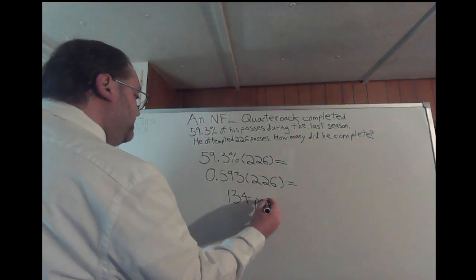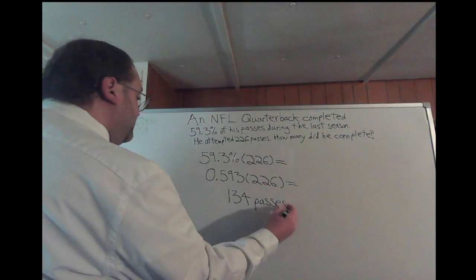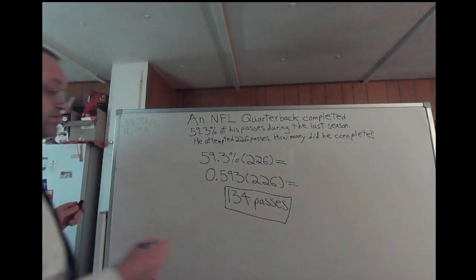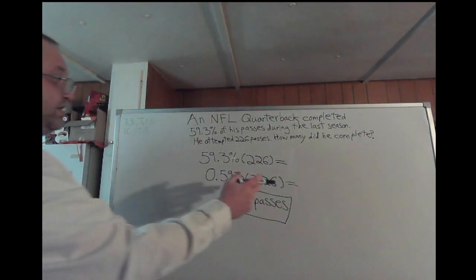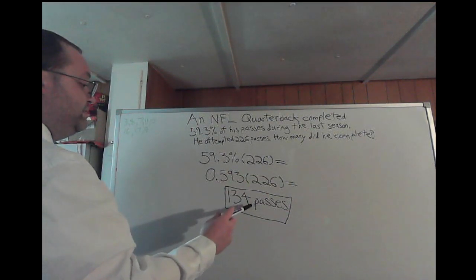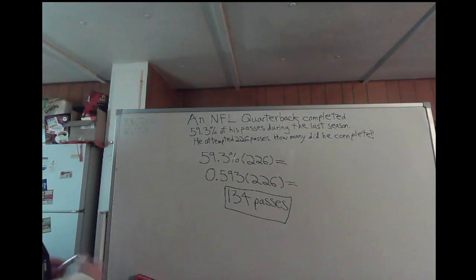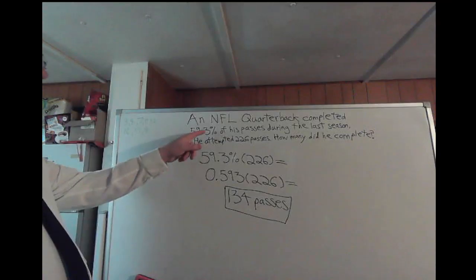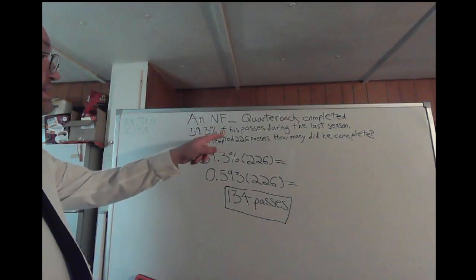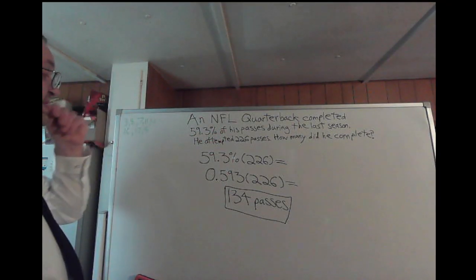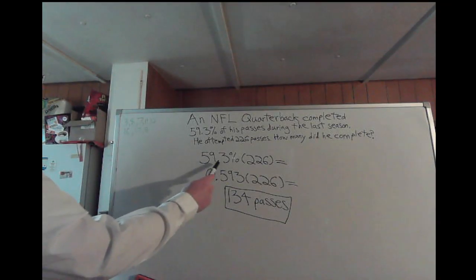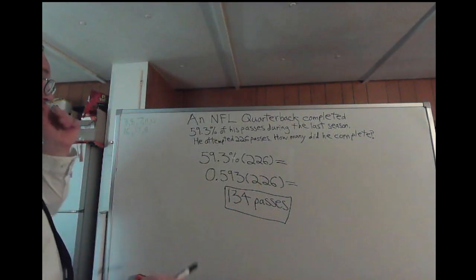You always want to put the units, because how do we know it's not 134 clowns, 134 meters, or something like that? Always put the units they're looking for. He completed 134 passes. So again, figure out what you need. He completed 59.3% of his passes. He attempted 226. So 59.3% of 226, that's that 59.3% times 226.